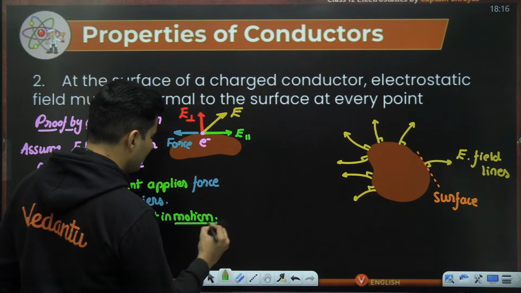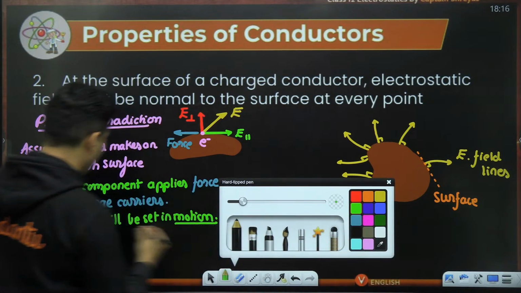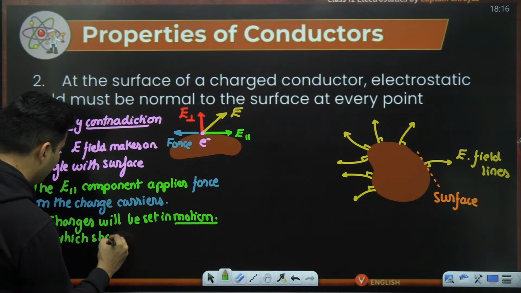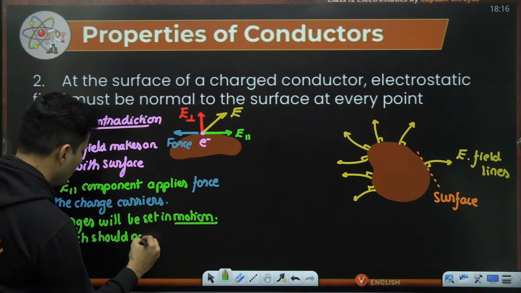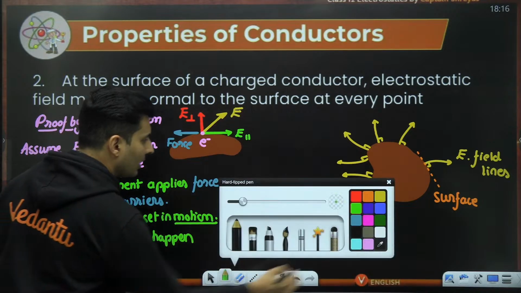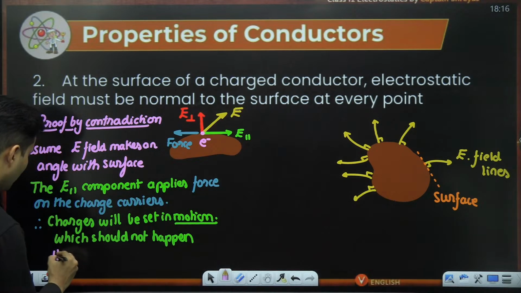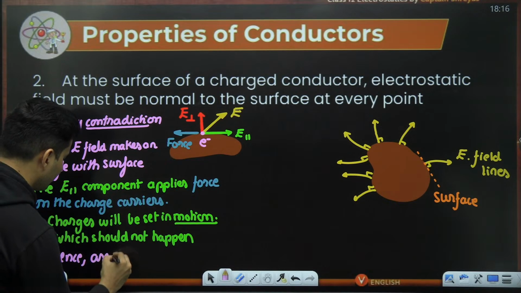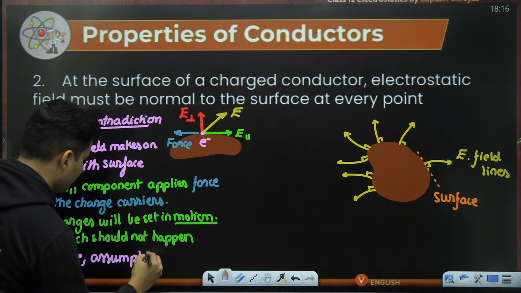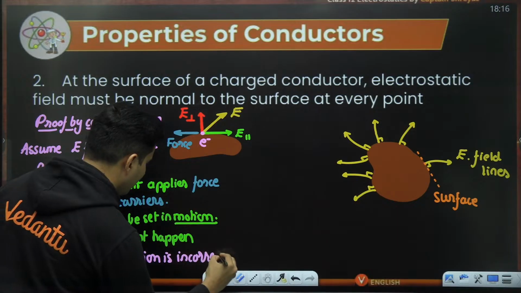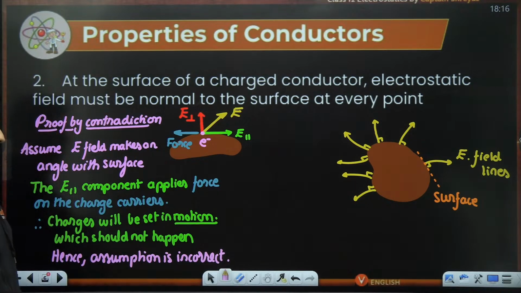So the charges will be set in motion, which is not possible, which should not happen. Hence our assumption is incorrect. Is that clear? How we have proved it by contradiction?